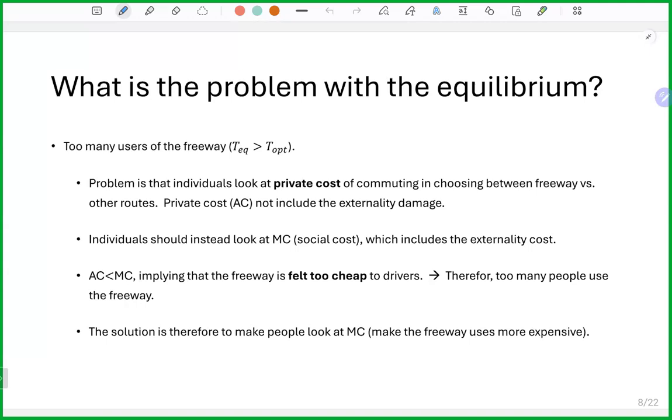By deciding to go to Yunjungno, you are affecting other people's cost negatively because it is so congested and crowded. You increase others' cost, but your private cost is only your private cost. That's why there are too many people, more than is optimal for the society in the Yeouido area.